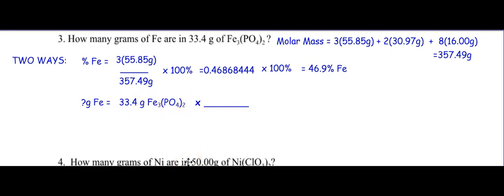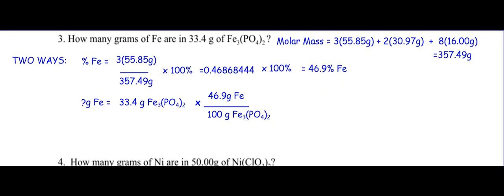And if I'm going to use percent composition, what does percent mean? Per 100, all right? So what does that mean? If I had 100 grams of this sample, 46.9 grams of it is iron. See where I get that number from? Right here, okay? So I'll say it again.